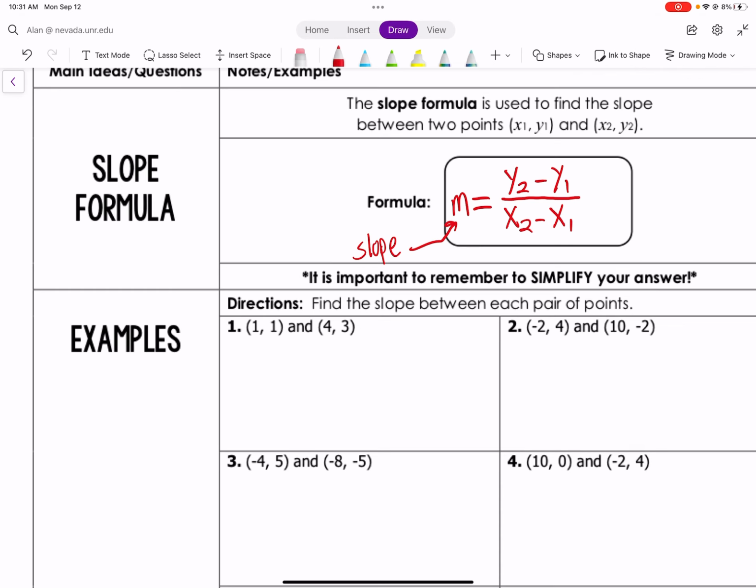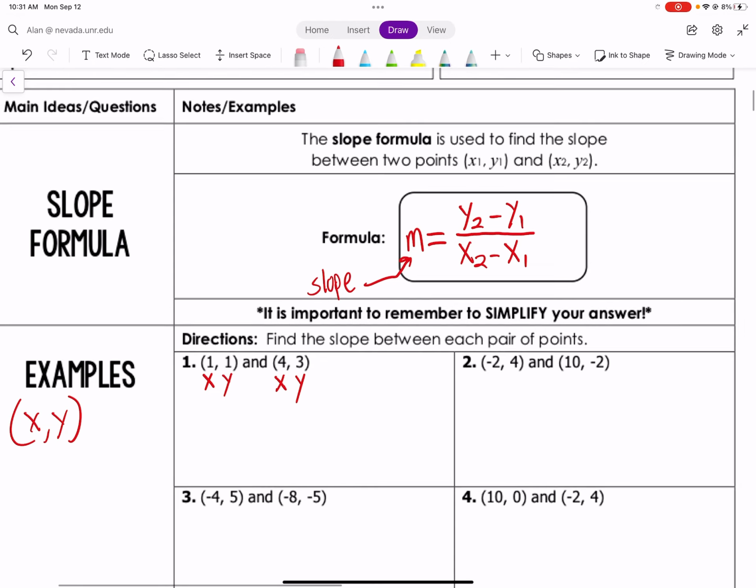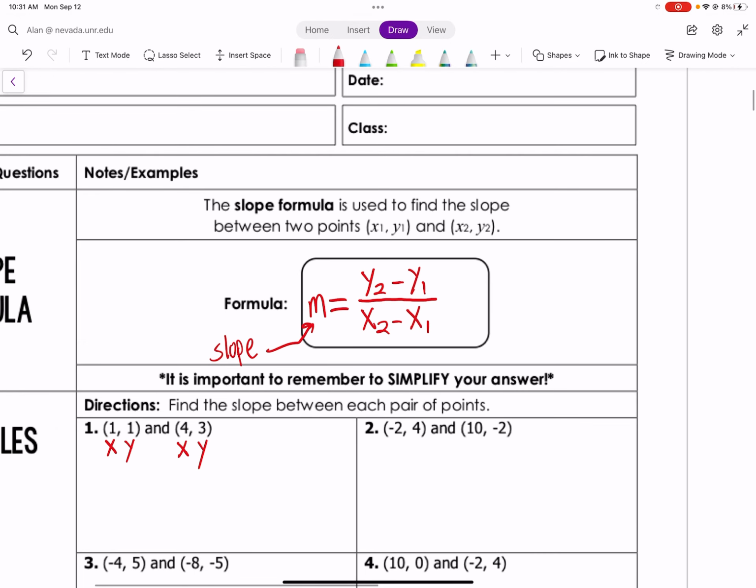So when we write ordered pairs, it's always x comma y, right? The first value is x in our parentheses. After the comma is our y value. So for this 1 comma 1, that first 1 would be an x, and the second one would be a y. And we do the same thing for 4 and 3. 4 would be an x, and 3 would be a y. But notice in our slope formula, I have two x's.